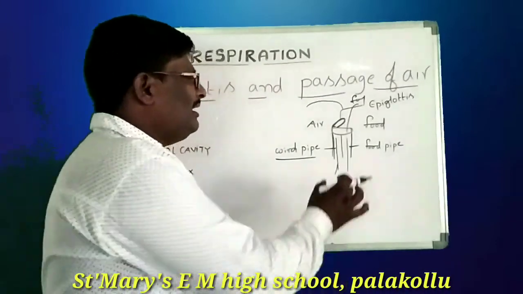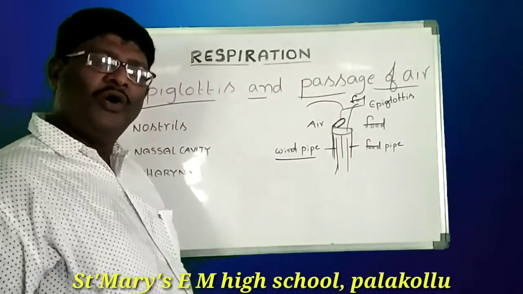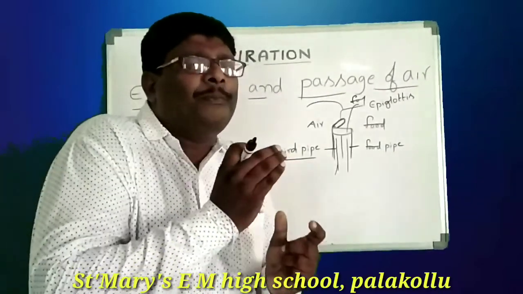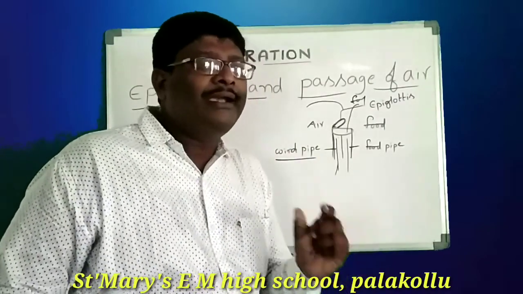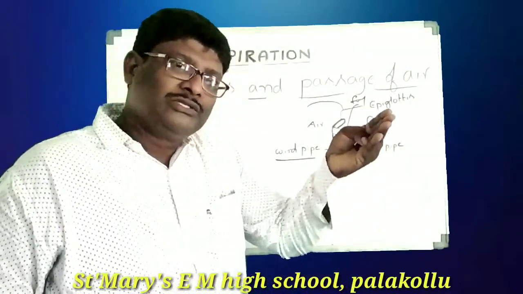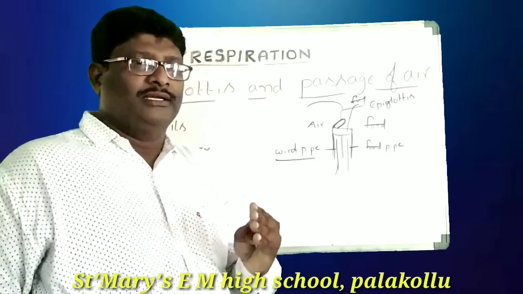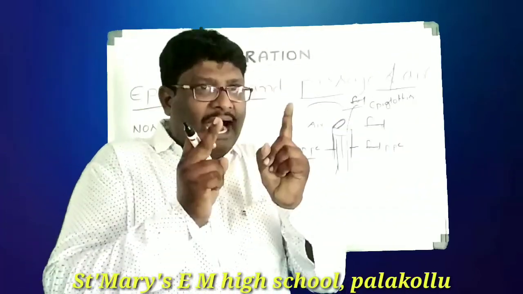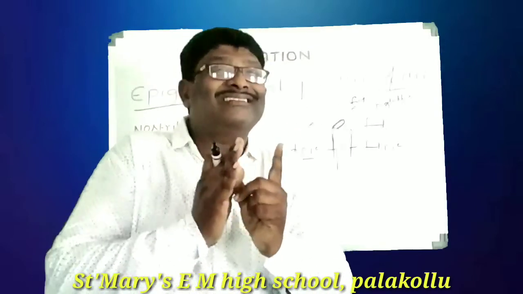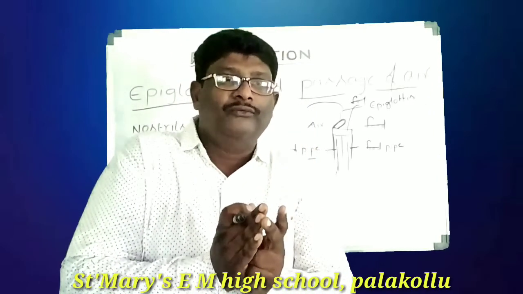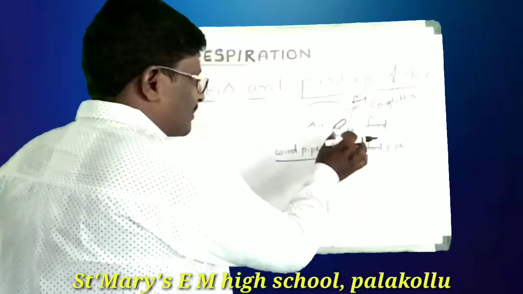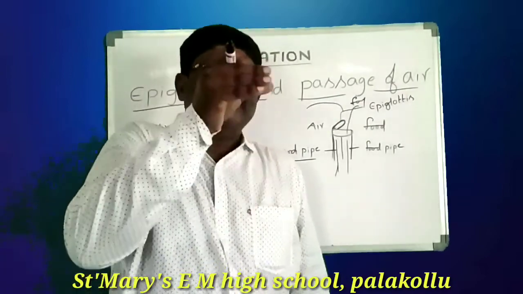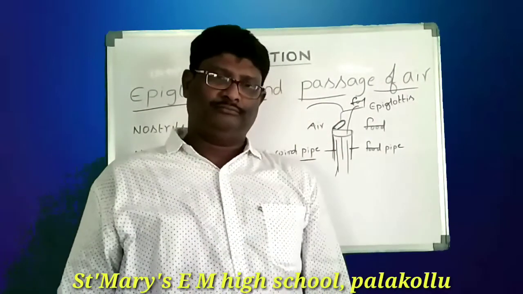Do you know what is pharynx? The pharynx is the common passage for food and air. It means the food also goes that way, and the air also goes that way. It means the food and air both cross at the pharynx.